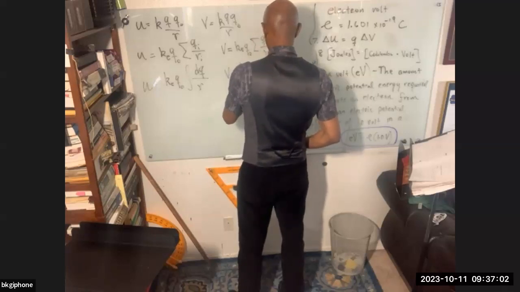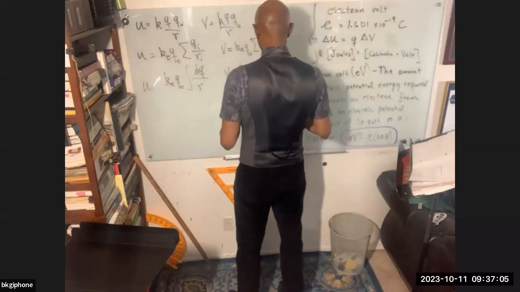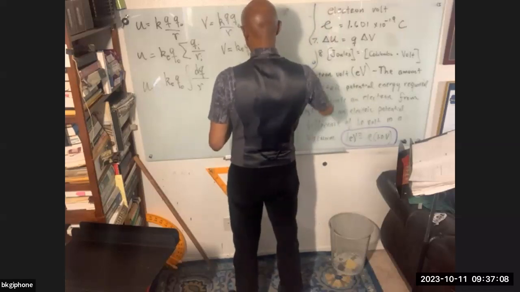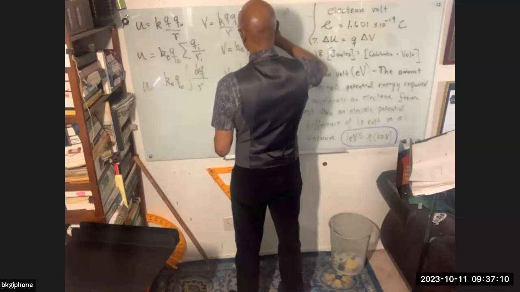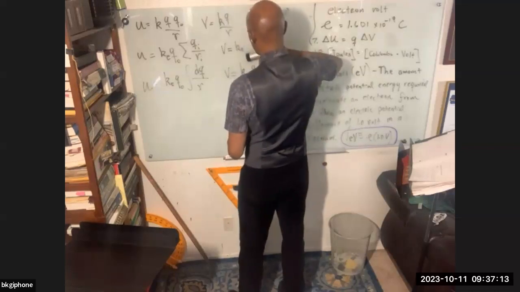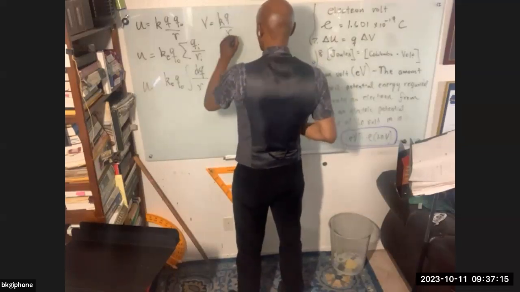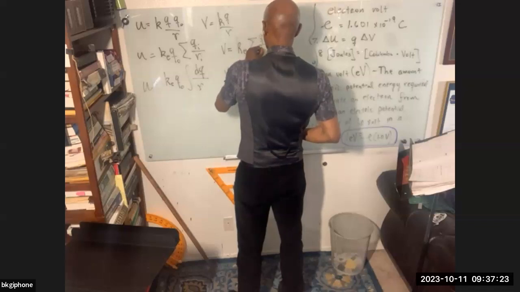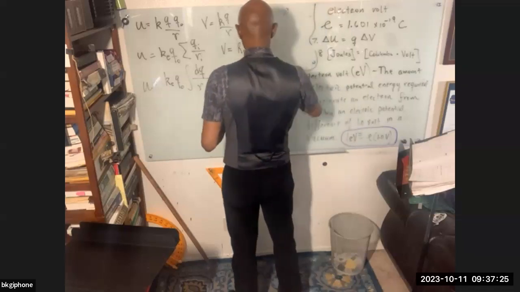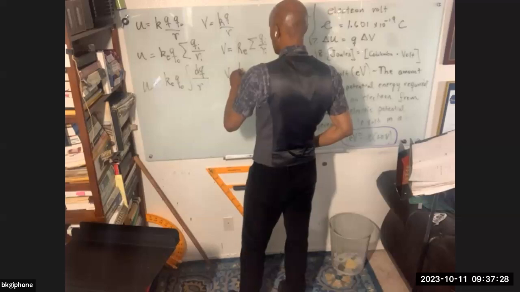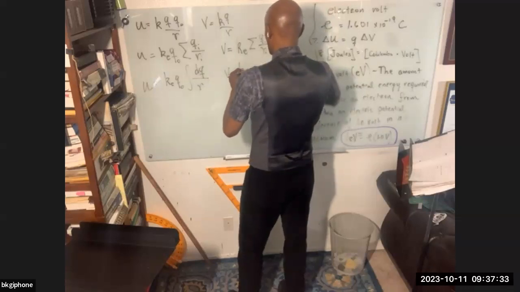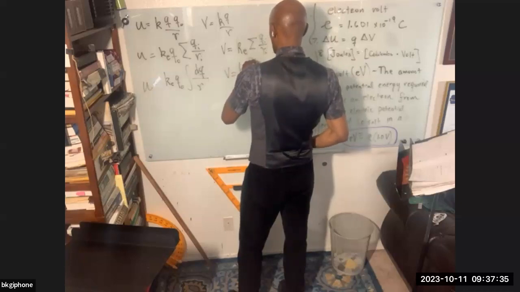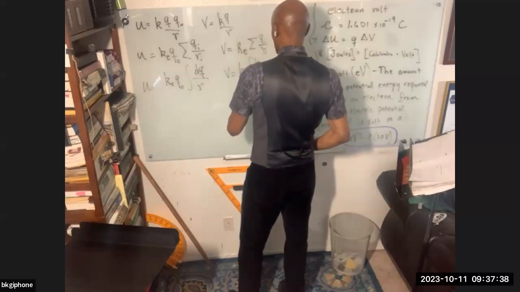So the potential is K times the summation of Q sub i over R sub i, and K times the integral of dq over R.